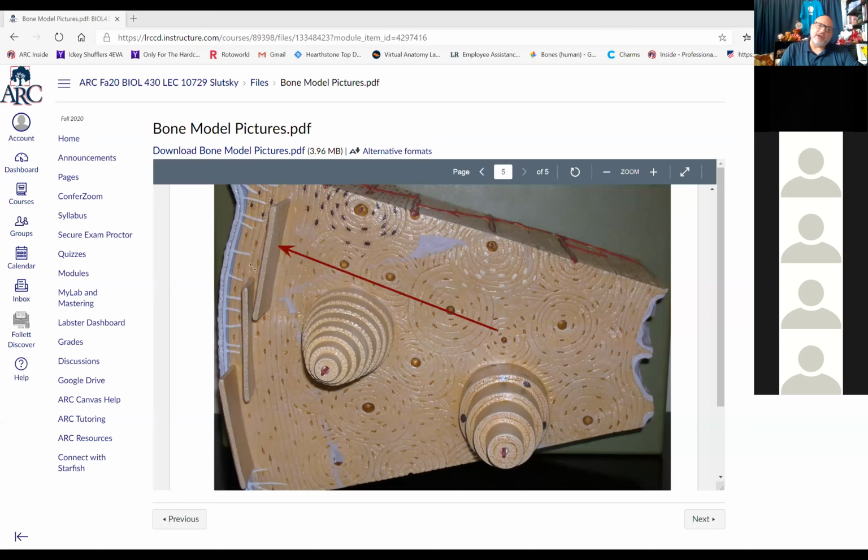Now, someone was right about something else. Notice for this periosteum, there are these layers of fibers that penetrate into the bone, anchoring that periosteum in place. Remember, one of the things that we said is tendons that attach to the bone are more likely to break the bone than they are to tear off of the bone.